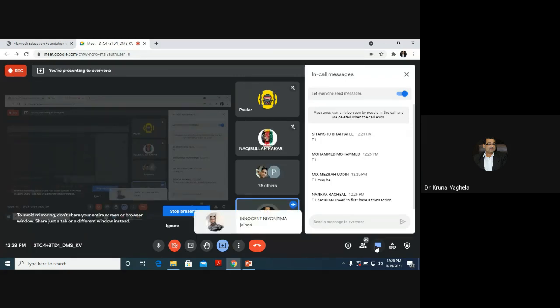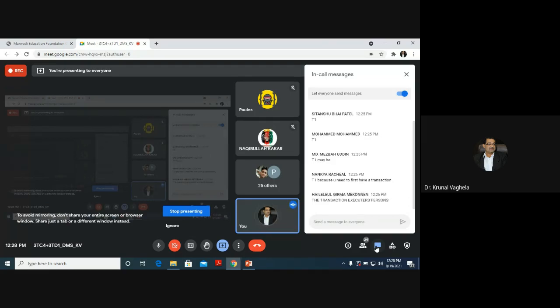T1, because you need to first have a transaction. But why T1 and T2? Both are transactions. T1 is also one transaction, T2 is also a transaction. Then who will decide which transaction will be executed first? There are some instructions of T1 and some instructions of T2.